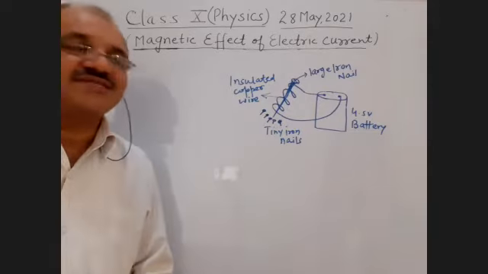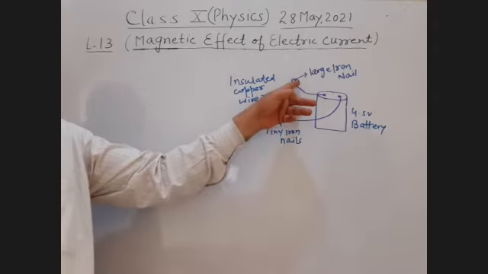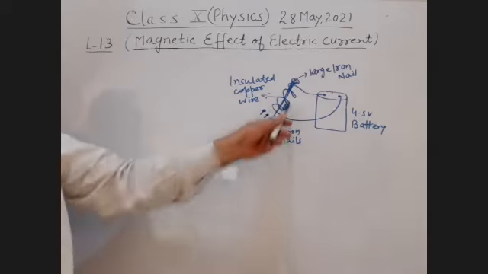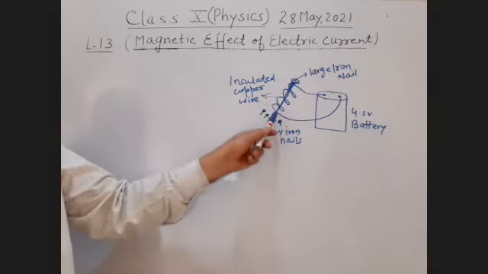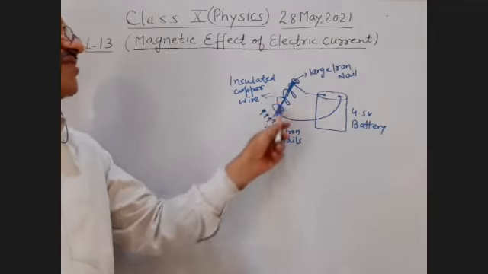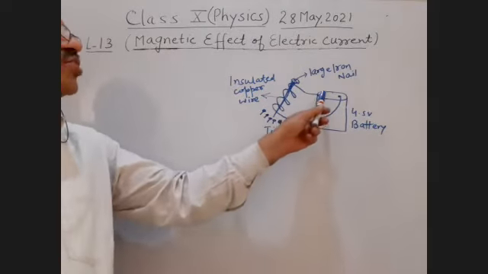Now, students, here I have a diagram. Here is an iron nail. I have wound insulated copper wire around it and given two connections.